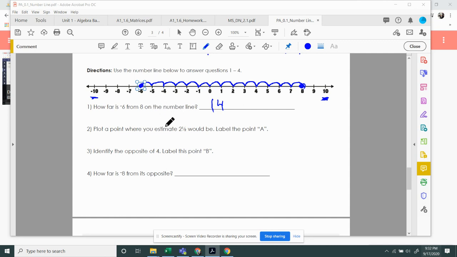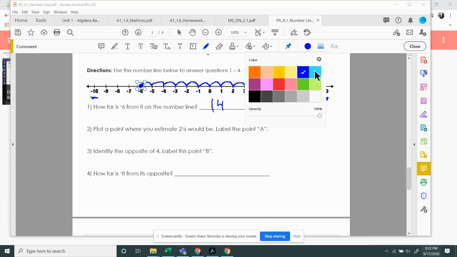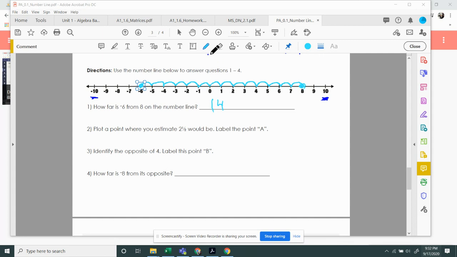Plot a point where you estimate 2.5 would be and label the point A. Let's see if I can get this to work. No, it changes everything. I think I will erase all of this to make it clear. Let's clean all this up a little bit. Probably could have left that 14 there. Not a very good eraser, is it?